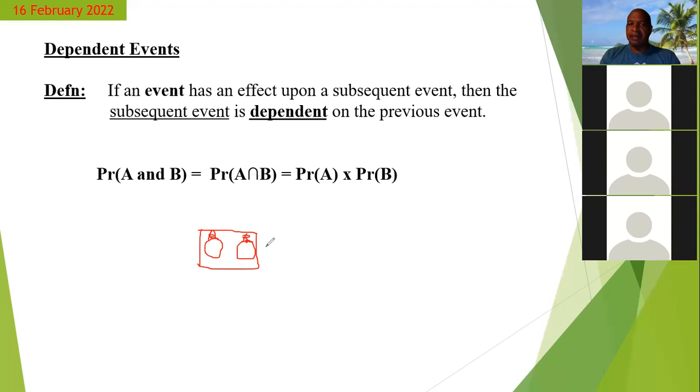So if we are trying to find the probability of A or B in a mutually exclusive event, and notice we're using the word "or" between them, what we're really doing is finding the probability of A and then adding that to the probability of B. Is that clear?